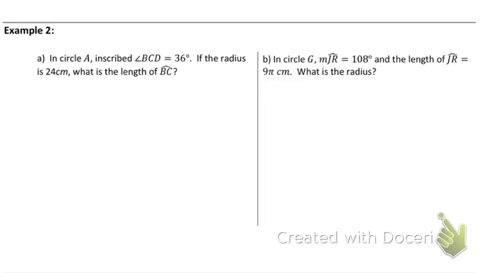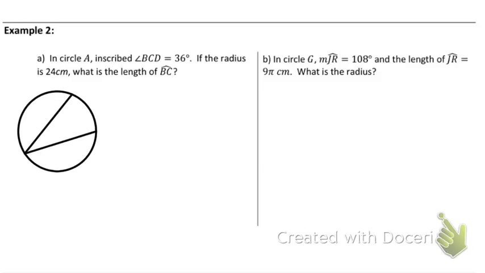All right, this says, in circle A, inscribed angle BCD equals 36 degrees. So let's draw this. An inscribed angle is one touching basically the back of the circle. And this is BC to Z. That's a cool way to say it.